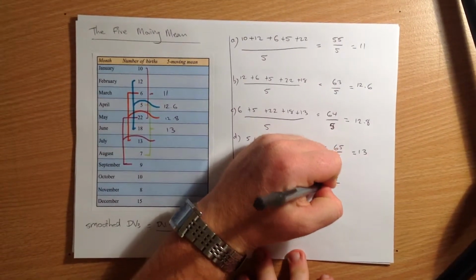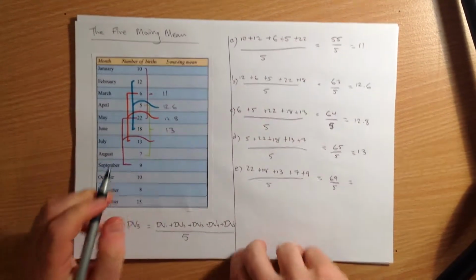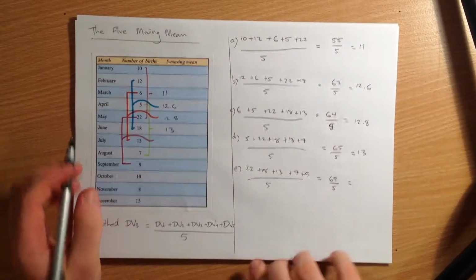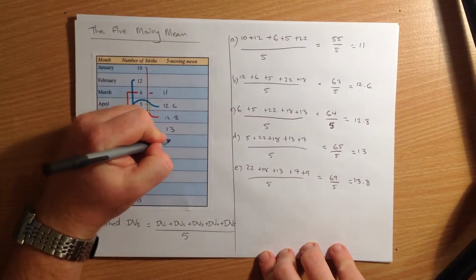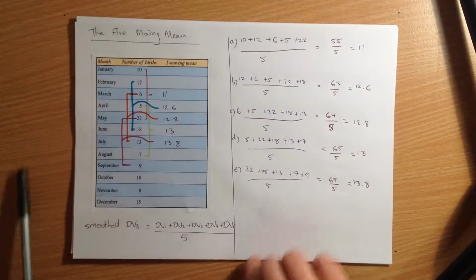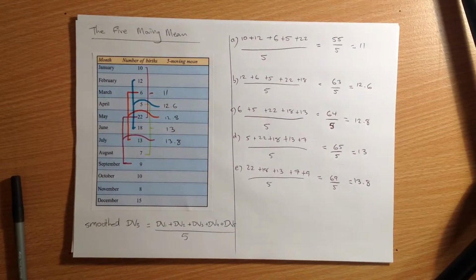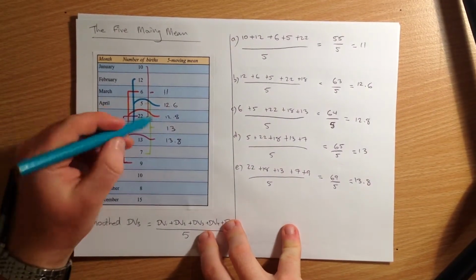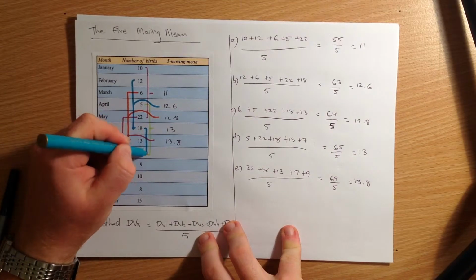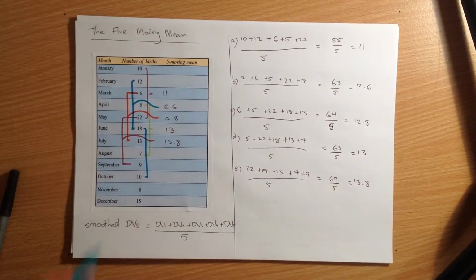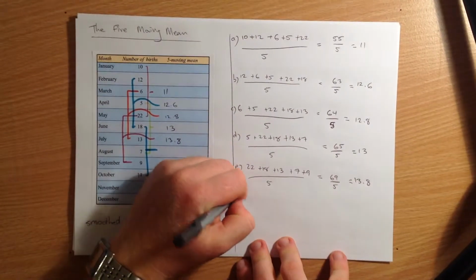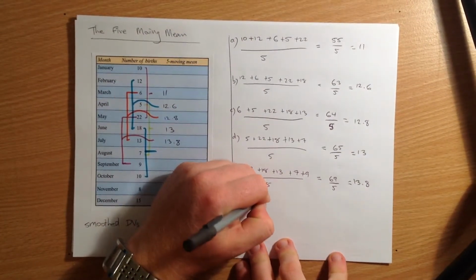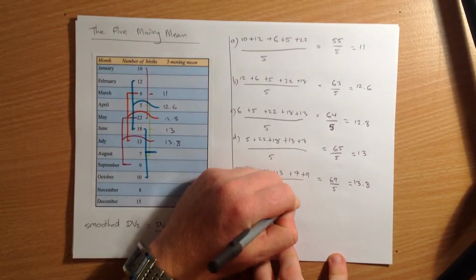69 on 5, which must be 13.8. Nice. Let's do the same process. 18 plus 13 plus 7 plus 9 plus 10.